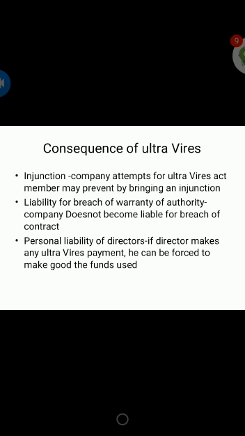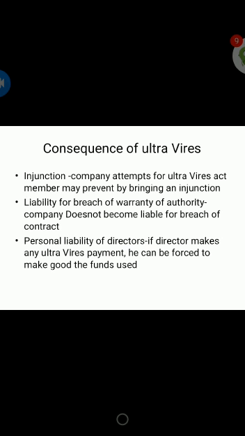So XYZ and PQR enter into a contract, and the transaction is ultra vires, and when it is ultra vires, we can say the company cannot be bound by it, right? So when XYZ fails to fulfill or breaches the contract, or we can say breaks the contract, PQR is going to suffer the loss.